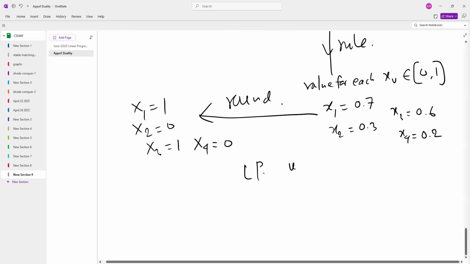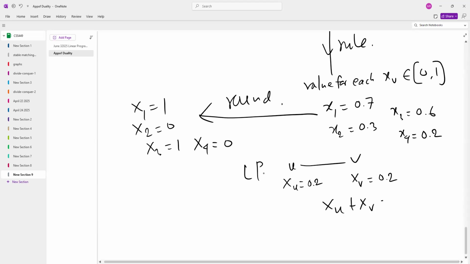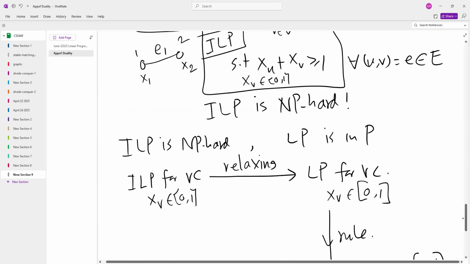So if I have an edge u to v, and then my LP chooses x_u to be 0.2 and x_v to be 0.2, right? Then you add them up, x_u plus x_v is equal to 0.4, which would violate the LP constraint.